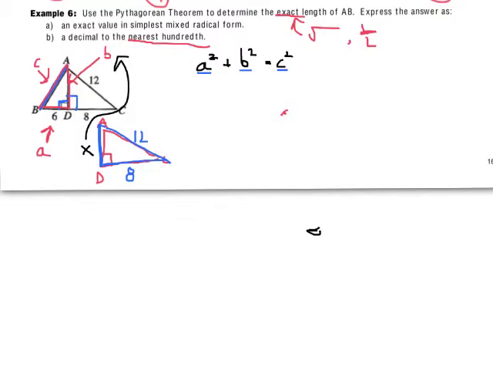In this case, this here would be the C, this here would be the A, and this here would be the B. Now the A and B are interchangeable, but the C is always the long side.